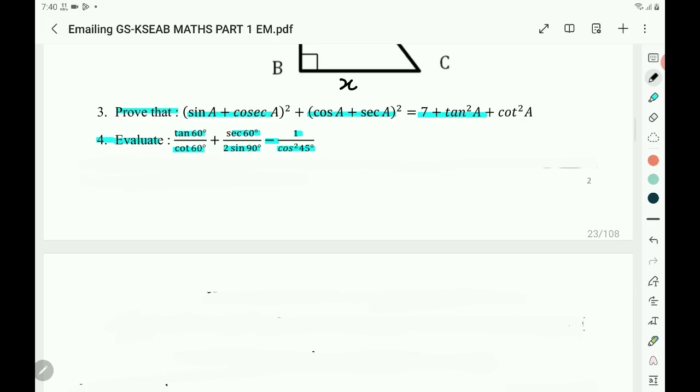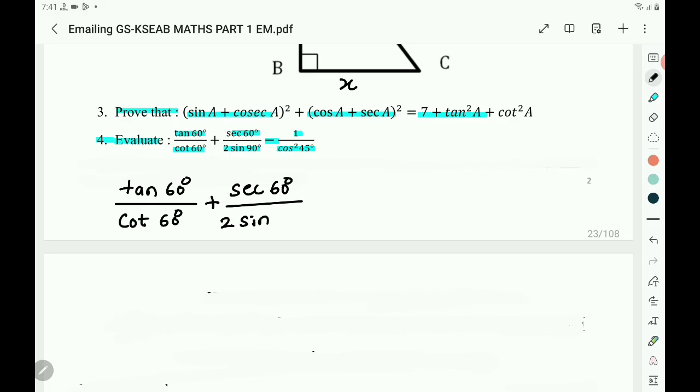Now you write tan 60 degree by cot 60 degree plus secant 60 degree by 2 sin 90 degree minus 1 by cos square 45 degree.